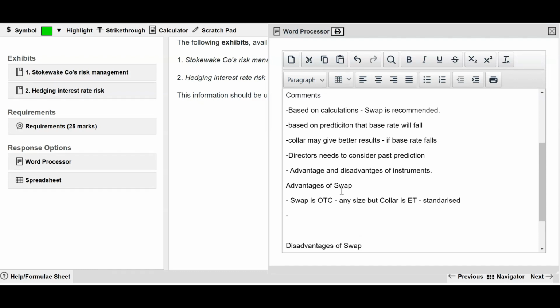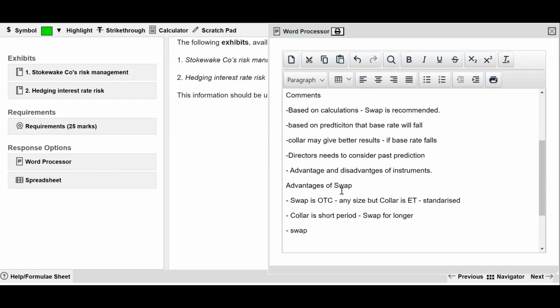The collar is generally for a short period since it is exchange traded, but a swap could be taken for longer. The collar doesn't have any comparative advantage, so when you want to compare yourself with a counterparty, the swap is better.